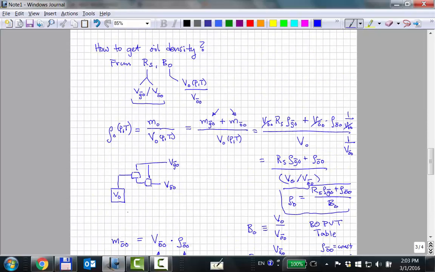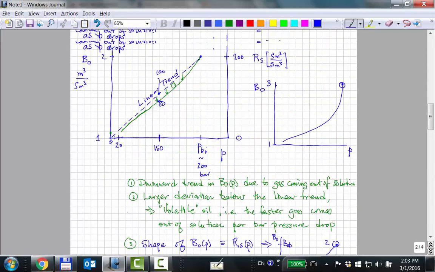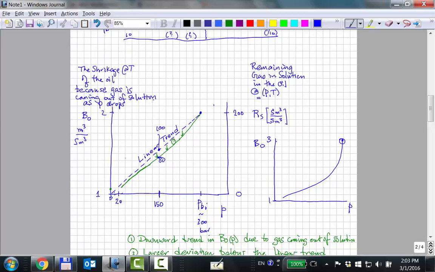Basically I'm just going to sketch somewhere up here, this one here. Here we're at 2. That means that if we go to a higher pressure, this BO is going to look something like that. This is the undersaturated.